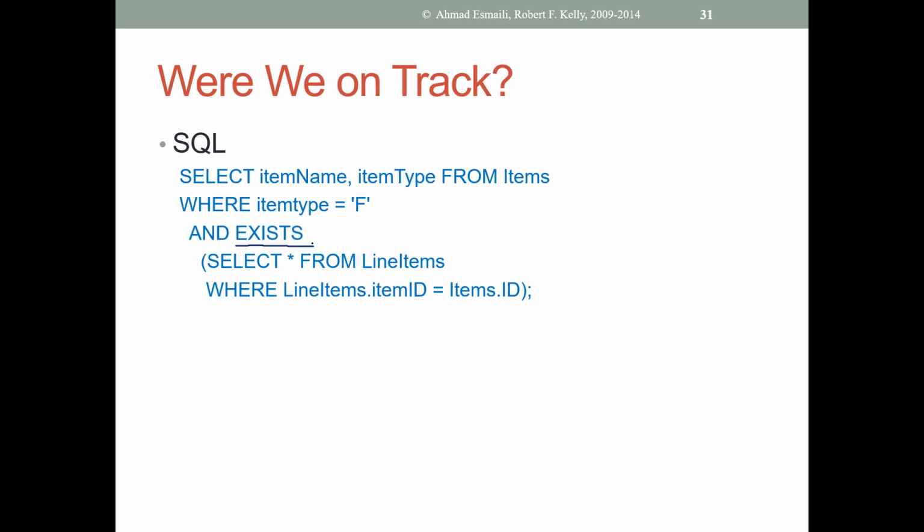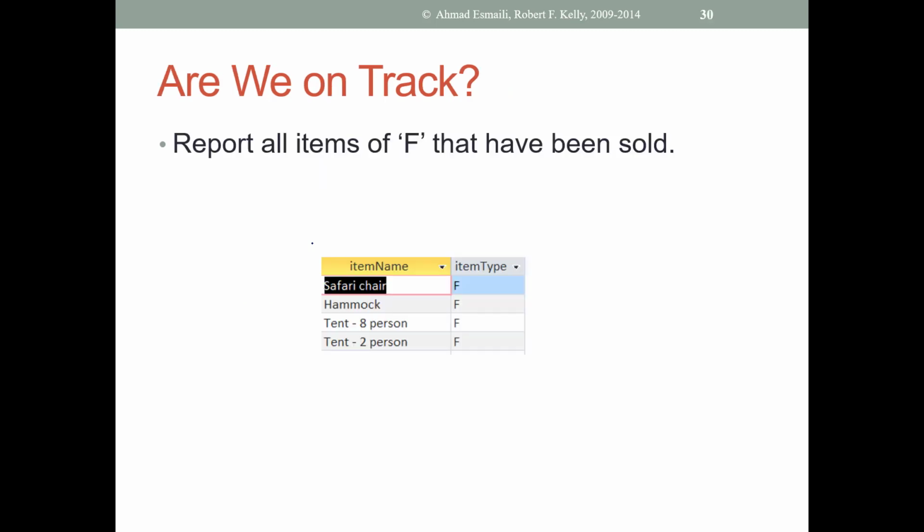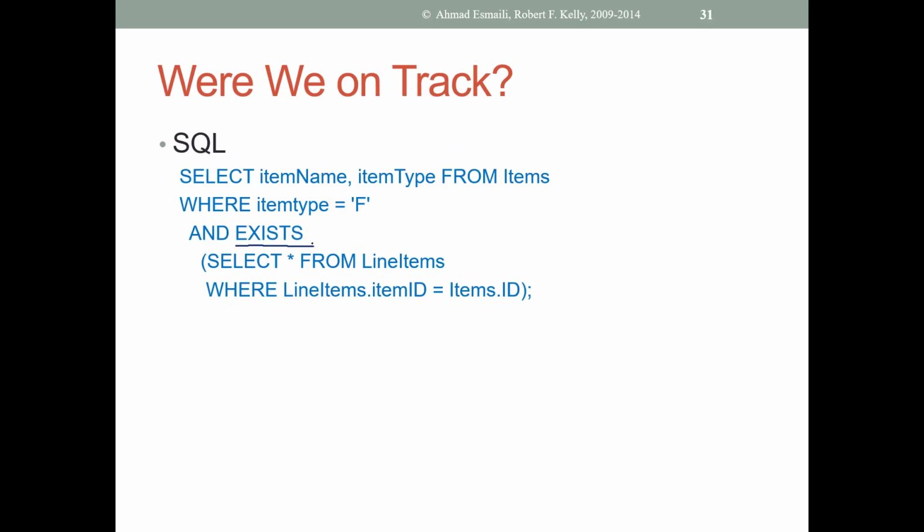Select item name, item type from items, where item type has to be F and it should be sold. We did a similar query which involves checking whether the item was sold or not. For that you'll have to do the join between the items and line items and figure out whether we have any record in this join or not.